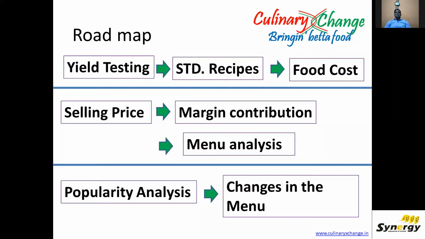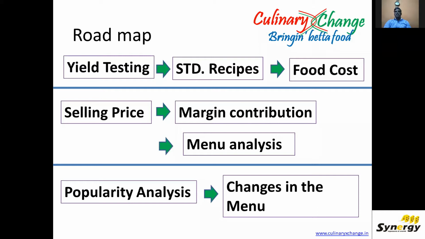These steps are to collect the right data and use that data systematically to make sure the menu engineering process is done effectively. They are yield testing, standard recipes, food cost, selling price, margin contribution, menu analysis, popularity analysis, and changes in the menu while drafting.